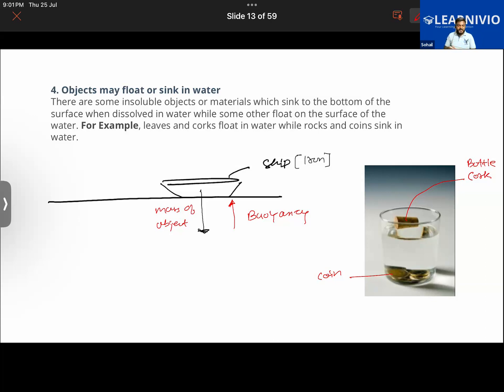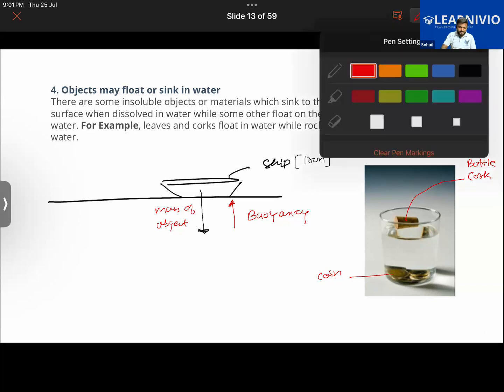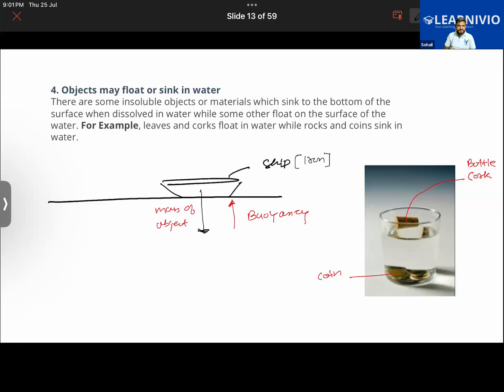Try to understand what I'm saying. If it is equal, then the object would be floating. Getting it? Yes. Like the water and the human's mass. The water and the humans.